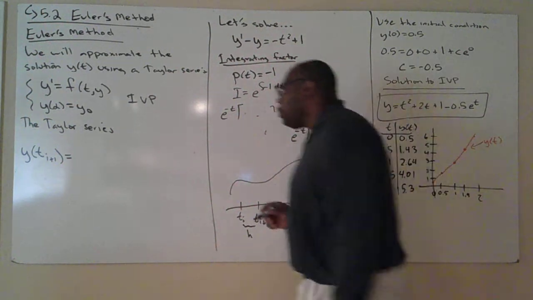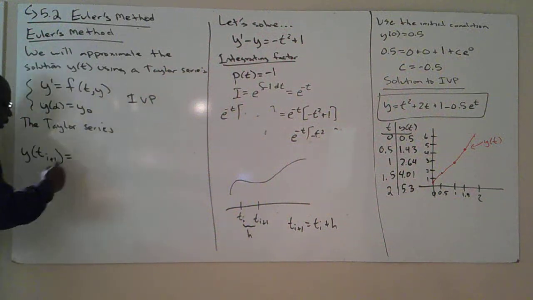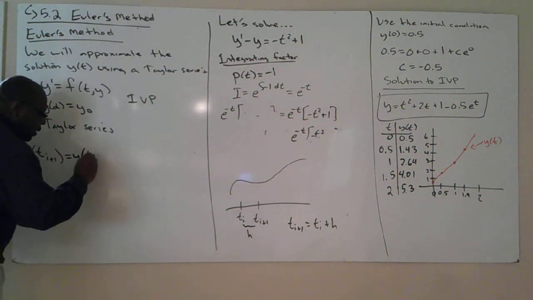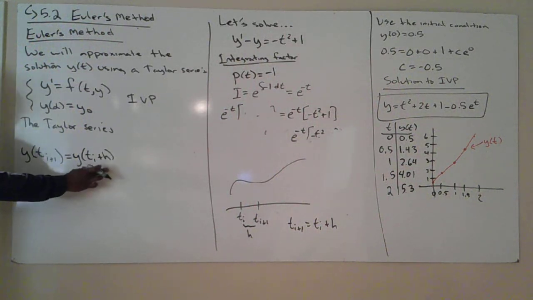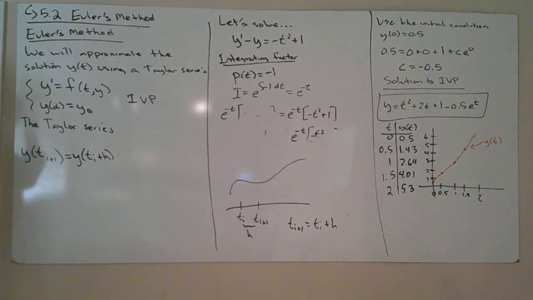So what we're going to write is that y of t sub i plus 1 is really y of t sub i plus h. And we're going to expand this using Taylor series.